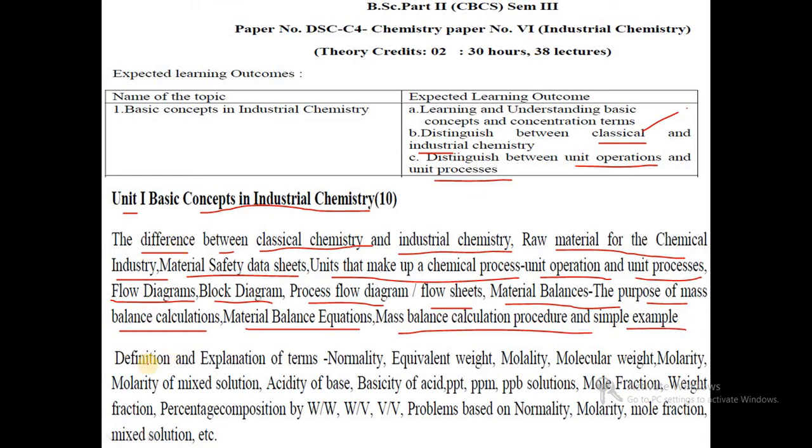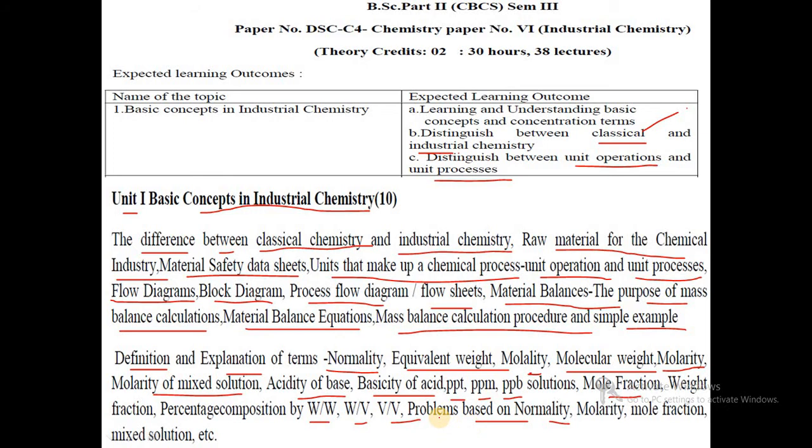This is one part. In another part we will see definition and explanation of some terms, in which we will highlight what is normality, equivalent weight, then molality, molecular weight, molarity, then molarity of mixed solutions, then acidity of base, then basicity of acid, then parts per trillion, parts per million, parts per billion concepts, what is mole fraction, weight fraction, percentage composition by weight by weight, weight by volume, volume by volume, then problems based on normality, molarity, mole fraction and mixed solution.